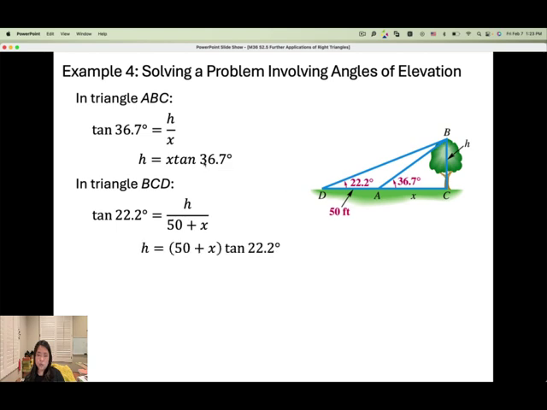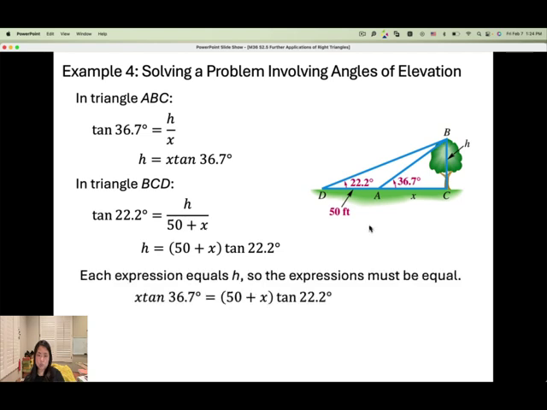Now we do have two equations with two variables, h and x. Since they both have the h, we could set them equal to each other. Now we're going to distribute the x and the 50 to the tangent 22.2.